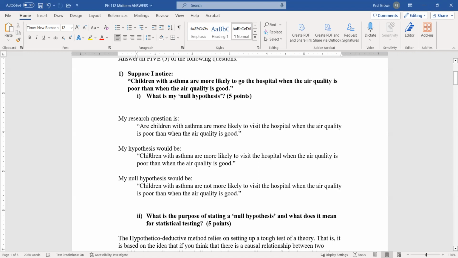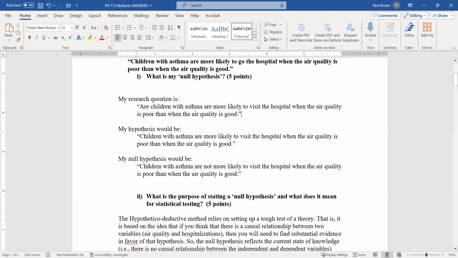Here's the hypothesis: children with asthma are more likely to visit the hospital when the air quality is poor than when the air quality is good. And then here's the null hypothesis: children with asthma are not more likely to visit the hospital when the air quality is poor than when the air quality is good. Clear? Questions about that?